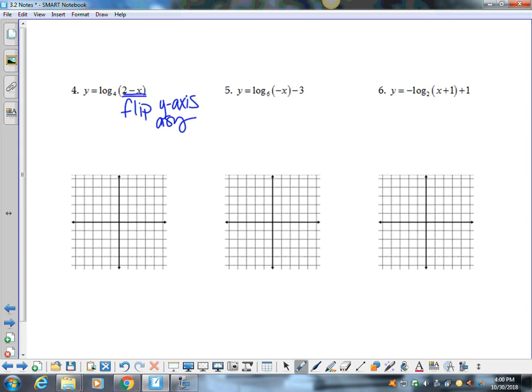I hope you remember from Unit 1, when it's inside the function and there's a negative on that x, I don't want you to look at that 2 and say, oh, that's a positive 2, I'm going to go left 2, because you're actually not. If you remember, I said if it's ever weird, set it equal to 0 and solve it and go true to the sign, just to help jog your memory.